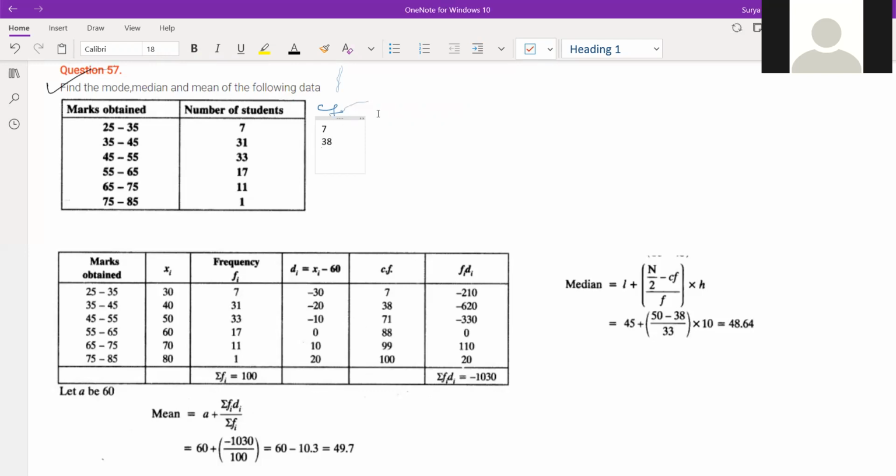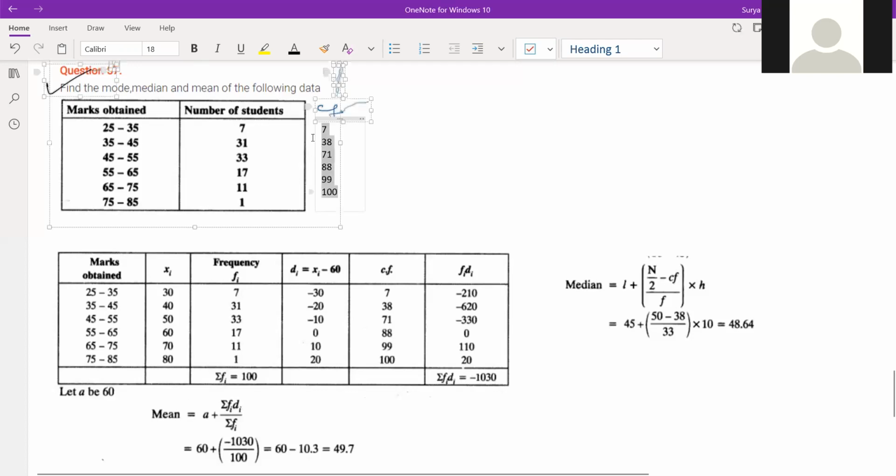Then 38 plus 33, 71. Then 80, 88. Then it will come 99, and then 100, right? This is your cumulative frequency, correct?